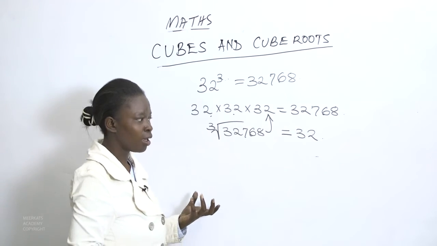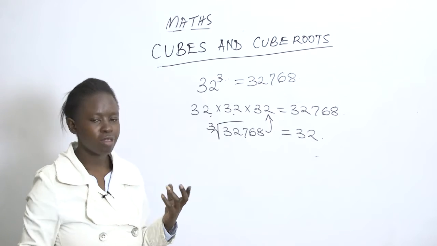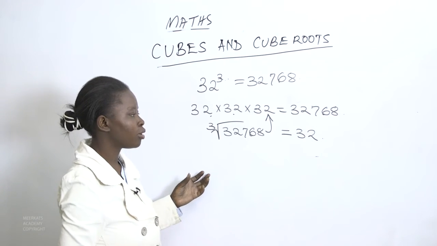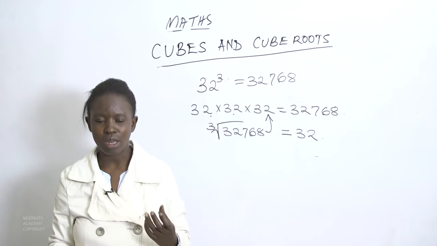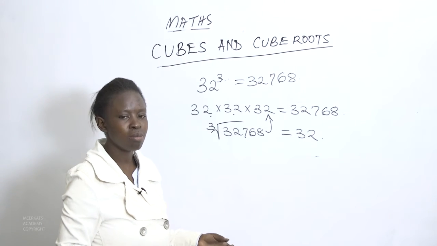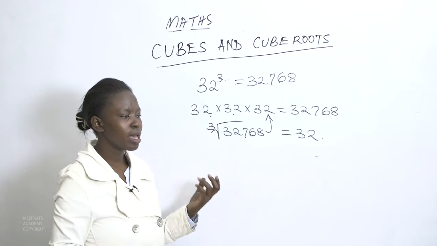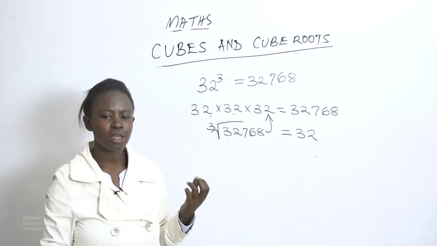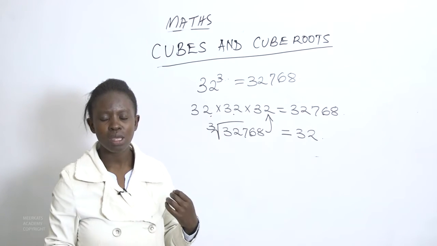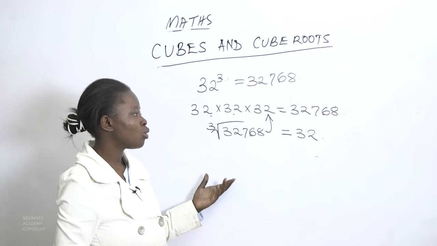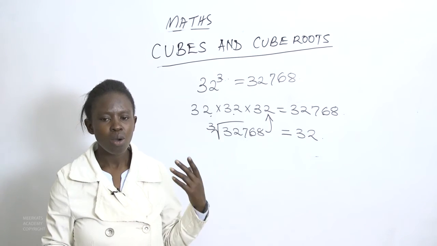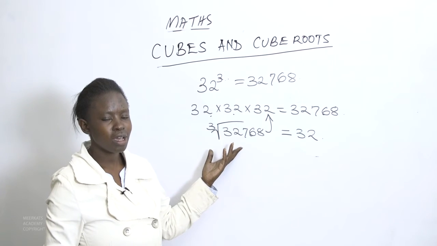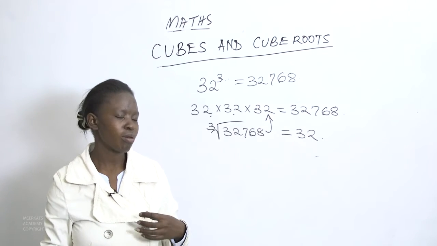So it is important. Looking at the cubes and cube roots, it is just important that we have our knowledge, and that is why we started by finding the prime factors, and after getting the prime factors, we needed to find out when you have a composite number, what are the prime factors that are making up that composite number.